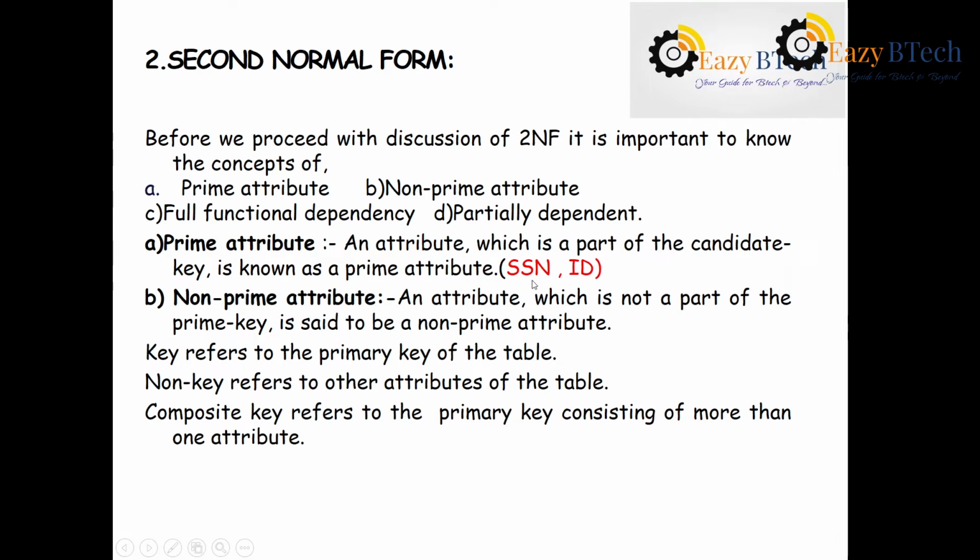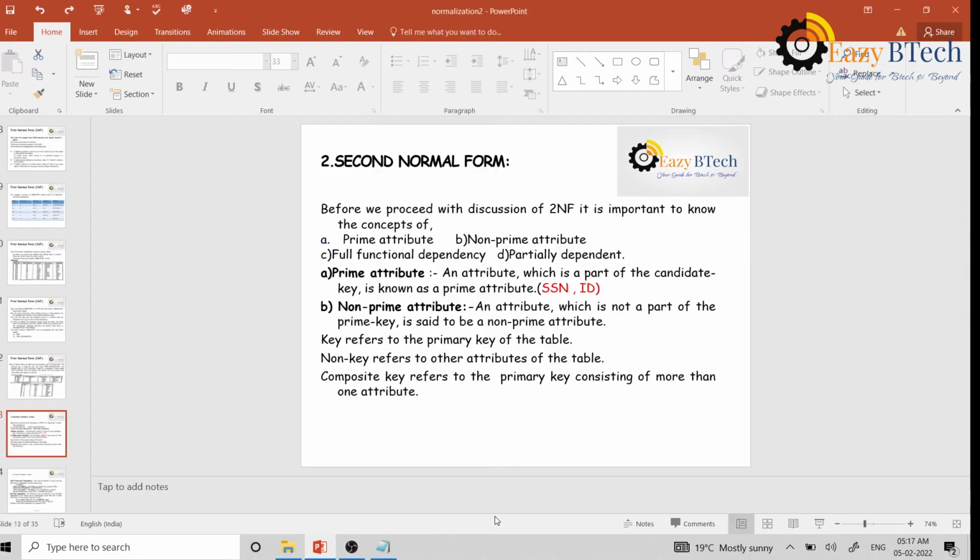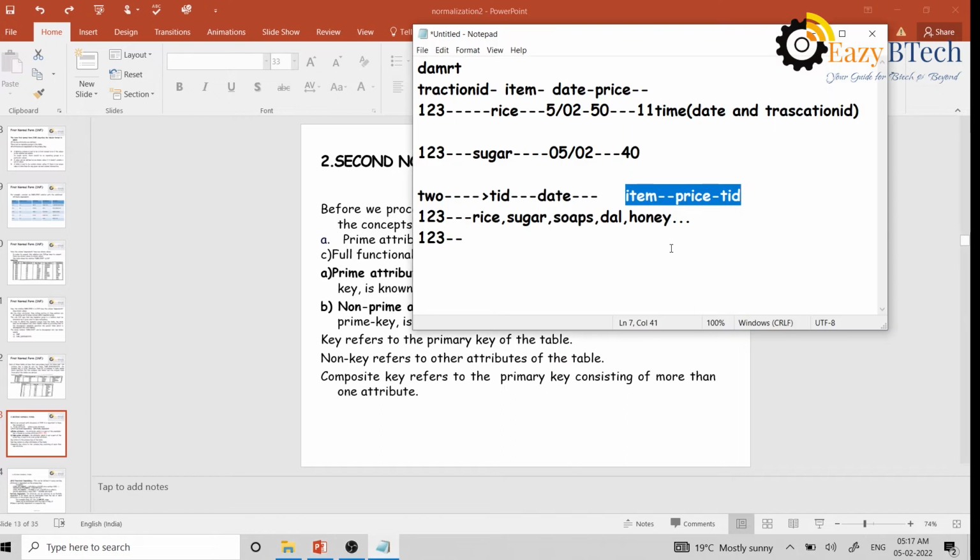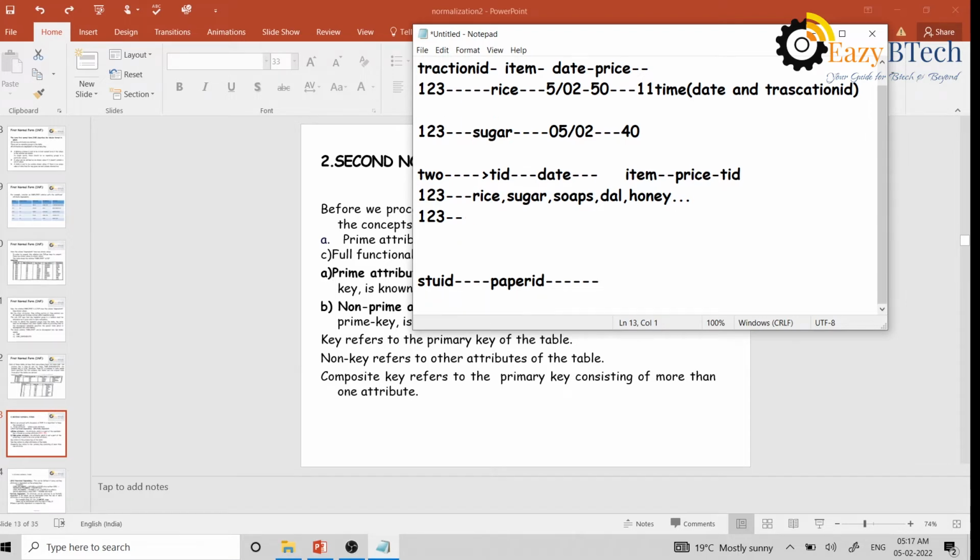Suppose you take a student table, for an exam. Suppose you are appearing for an exam somewhere. Student number, student ID, and some paper ID. Based on these things we can identify the subject, because here the particular student is registered.